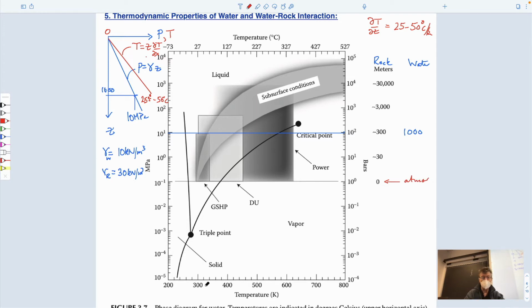And so if we are at 100 degrees centigrade, 100 degrees centigrade would be 373 Kelvin, right? At 1 bar, then 0 degrees centigrade would be 273 Kelvin.